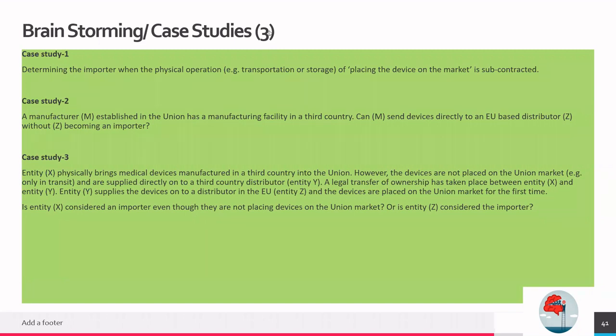They are only for transit and are supplied directly to a third country distributor, entity Y. A legal transfer of ownership has taken place between entity X and entity Y. Entity Y supplies a device to a distributor in the European Union called entity Z, and the devices are placed on the union market for the first time. Is entity X considered the importer even though they are not placing the device on the union market, or is entity Z considered the importer?